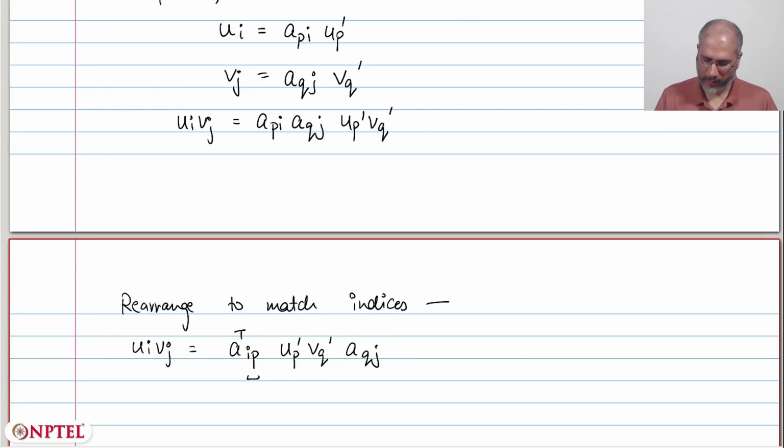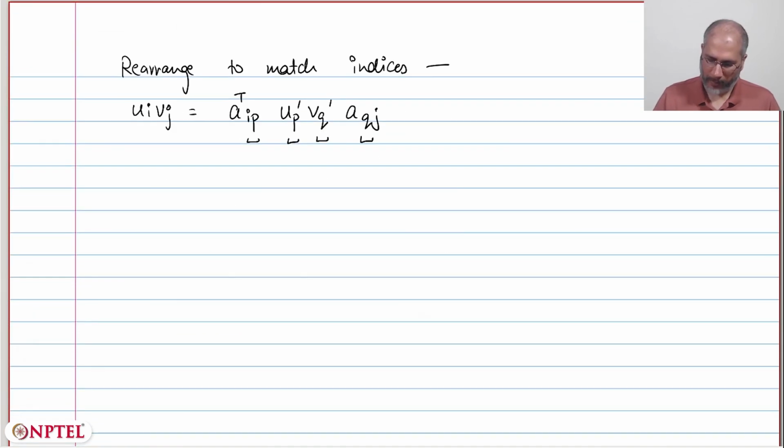You can see that the contiguous indices match and q matches with the first index of A. So if I was to write this in symbolic notation, this becomes the outer product of the dyad uv, and then on the right hand side we have A transpose, then we have u prime v prime, and then we have an A.